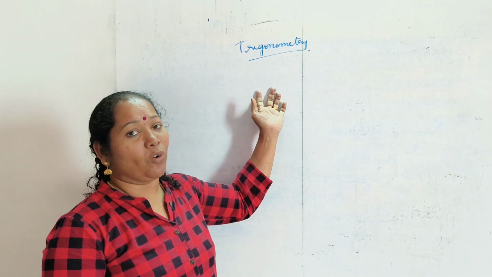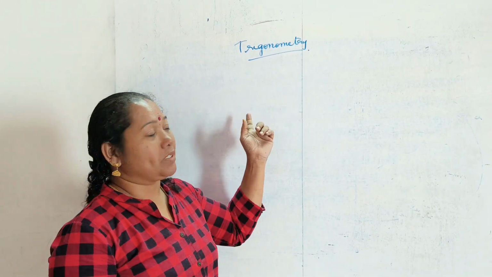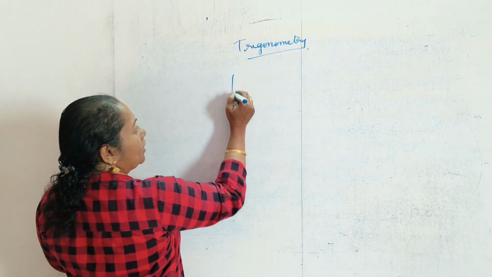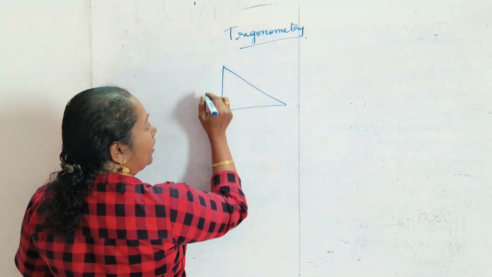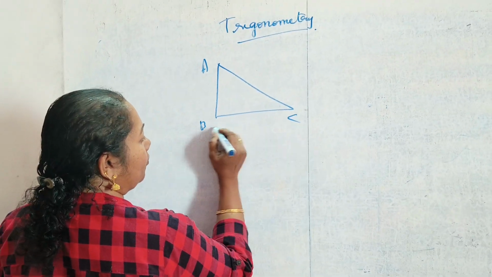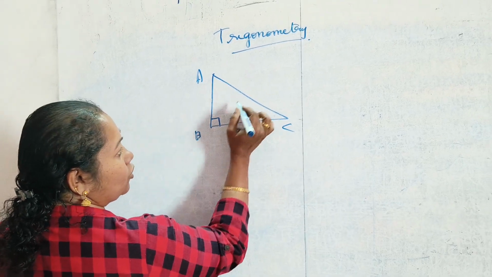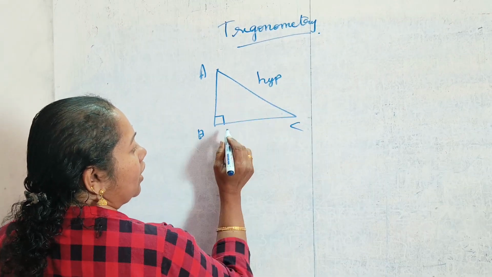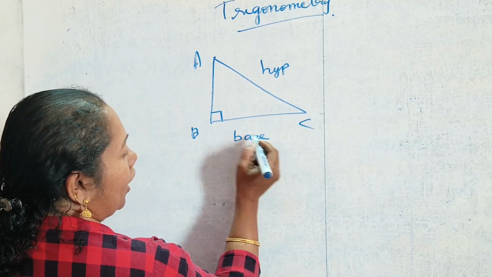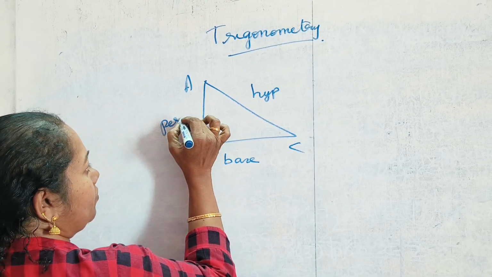We are going to do a simple introduction of trigonometry. In trigonometry, if this is a right angle triangle ABC and this is 90 degrees, this one will be the hypotenuse, this is the base, and this is the perpendicular.